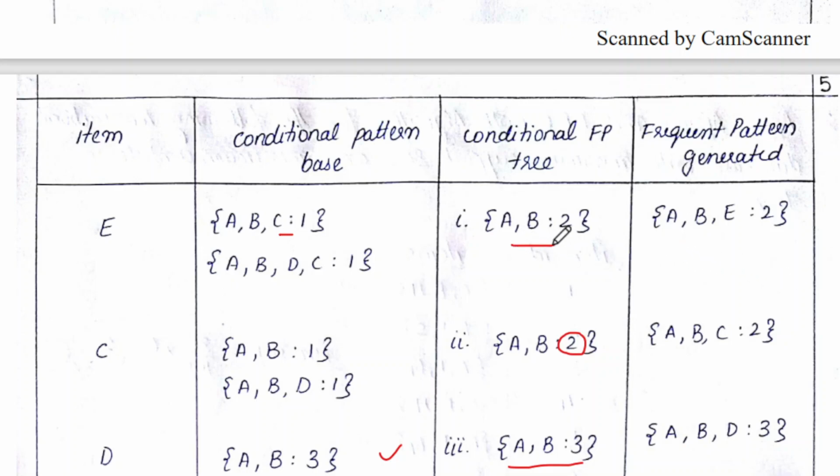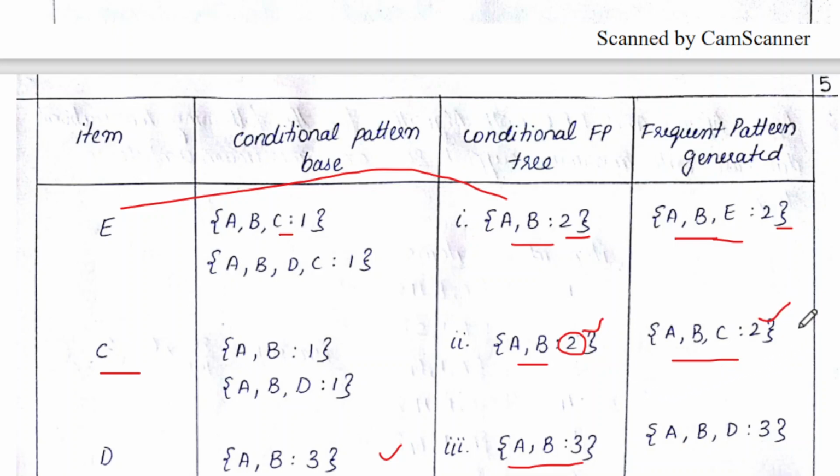Let us assume I have AB, but I am going to combine this AB with this particular item. So the frequent pattern item set that I get is AB, comma, E, with a count of 2. Next, for the item C, I have A, B and C also, with the pattern count of 2.